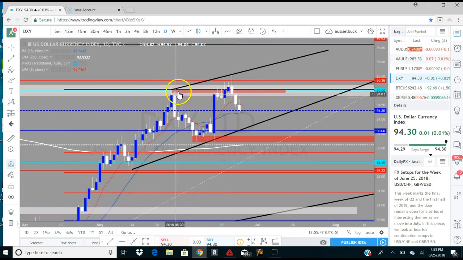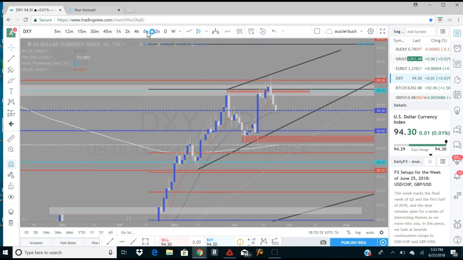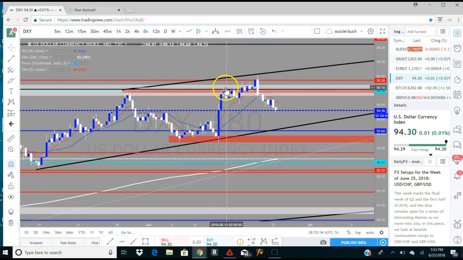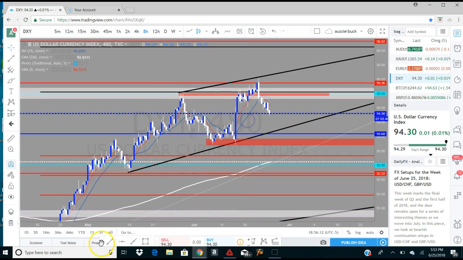As I was saying, we'll scroll down to the 8 hour time frame. Oh, it's beautiful. Absolutely beautiful right here. As I said before, as long as price doesn't break above and close above this red box, I'm sticking with my bias for the bears for the dollar, which is a pretty nice chunk of pips you can catch from right here down to this.